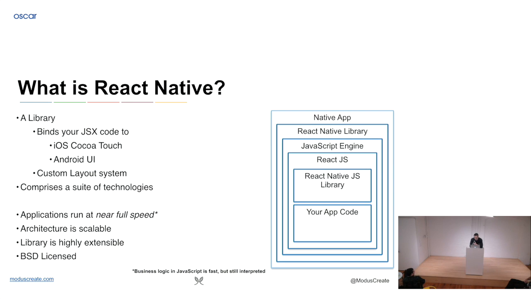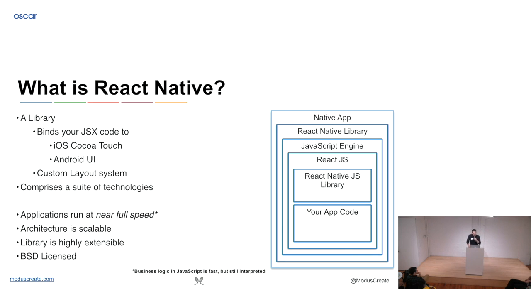Let's talk about React Native. Now, React Native, simply put, is a library. I don't know if you've seen me speak before or one of my colleagues, Jay Garcia. We use this slide a lot. It just simplifies React Native really well. It takes your JSX code, which is all React, and it binds it to either Cocoa Touch, which is the iOS SDK for rendering the UI, or UIKit, whatever you want to call it, and the Android SDK or Android UI SDK.